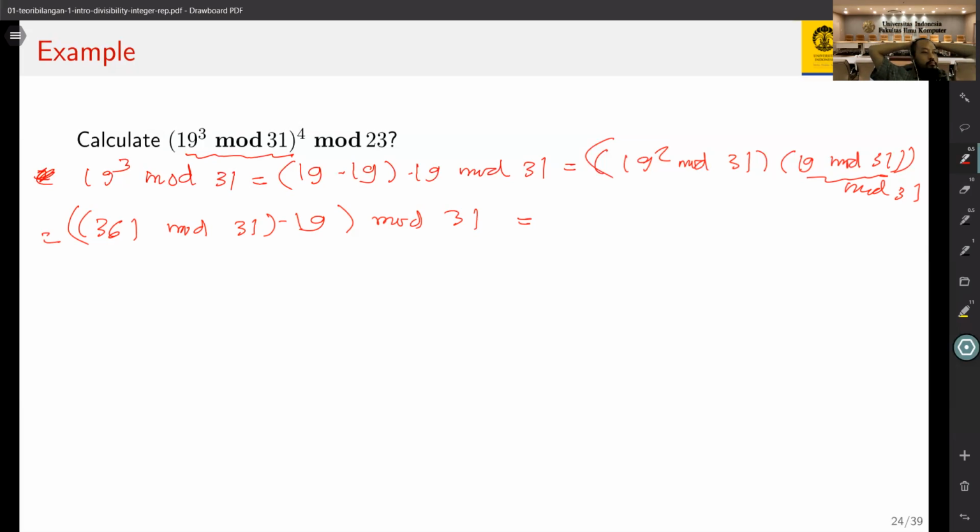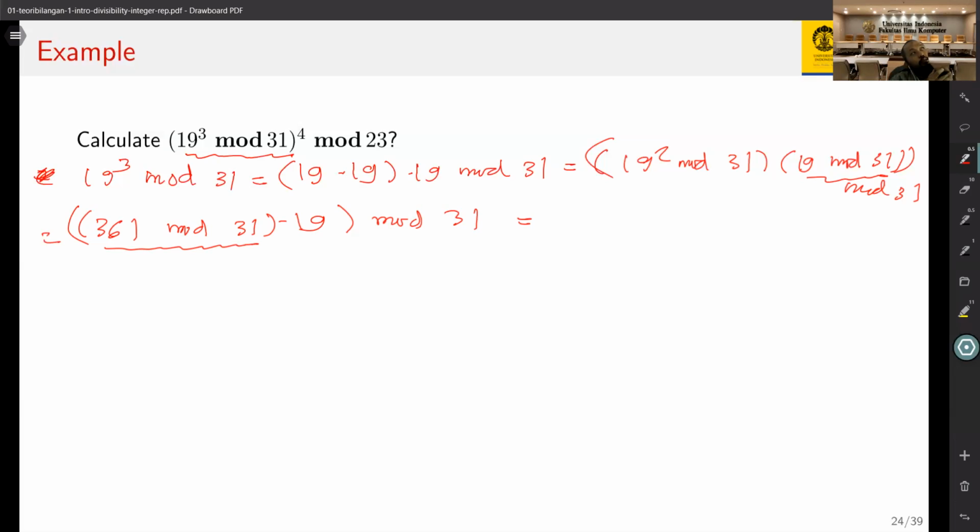Can anyone give an answer? What is 361 mod 31? Is it 20? Why is it 20?